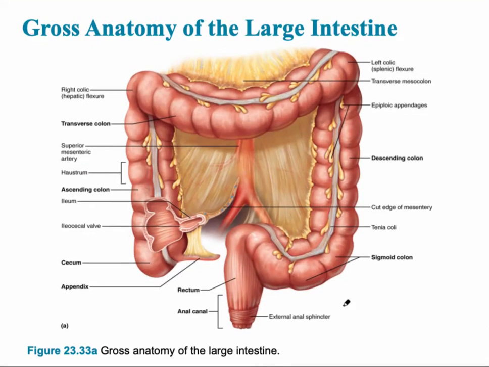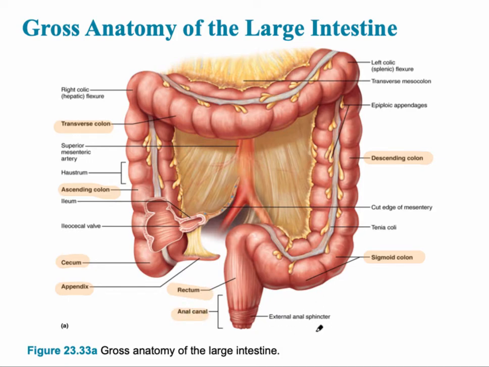So on this slide, we see a diagram which is showing the anatomy of the large intestine. You can see the different parts of it, beginning with the cecum, the appendix, the lymphatic tissue, the ascending colon, transverse colon, the descending colon, sigmoid colon, and then finally rectum and anal canal.